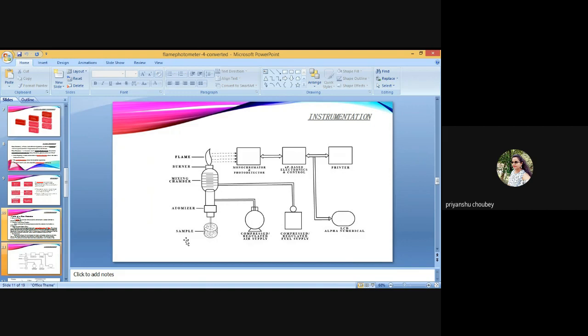Fisher electrophotometer, Klett-Summerson photoelectric colorimeter, and Lumetron photoelectric colorimeter model 4 belong to this category.